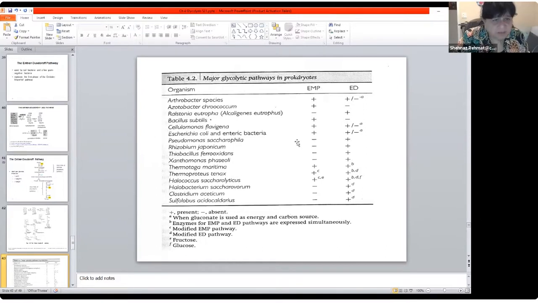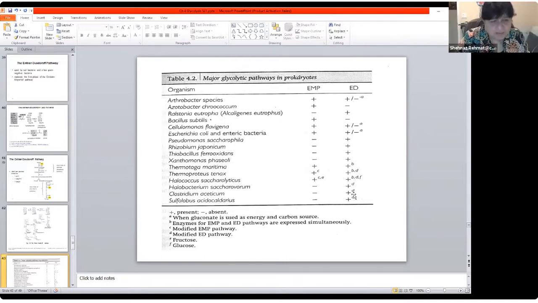But then there are some very fancy bacteria that we are going to be talking about more and more, such as Rhizobium japonicum, Thiobacillus ferrooxidans and Xanthomonas phaseoli. These have nothing but the ED pathway. They don't have the EMP. Even your very important one, which we will talk about very soon, is Ralstonia eutropha, which we used to call Alcaligenes eutrophus, also has the ED pathway.